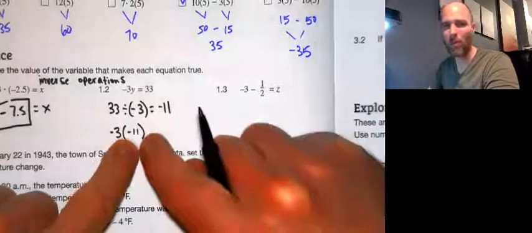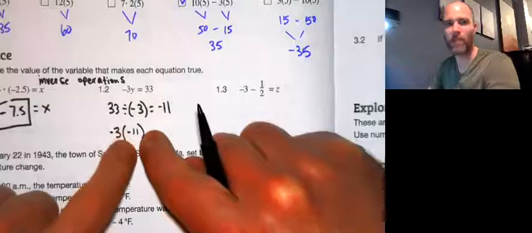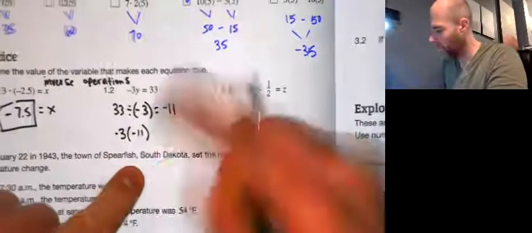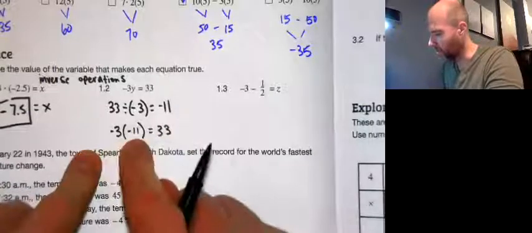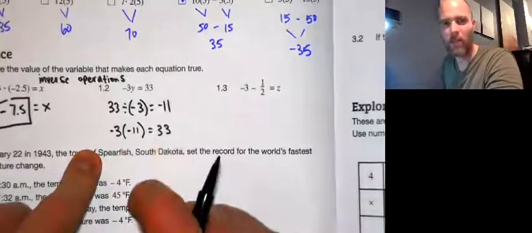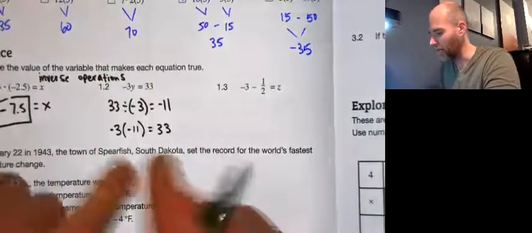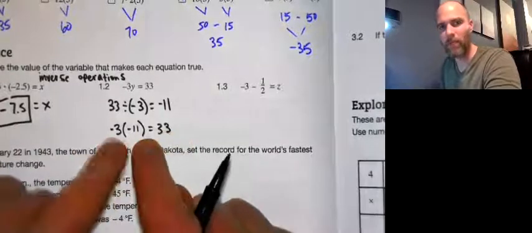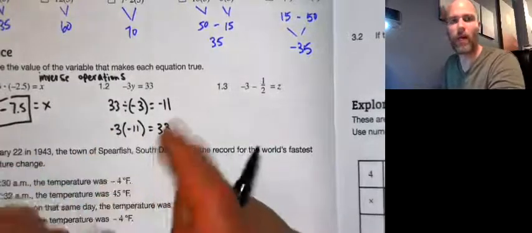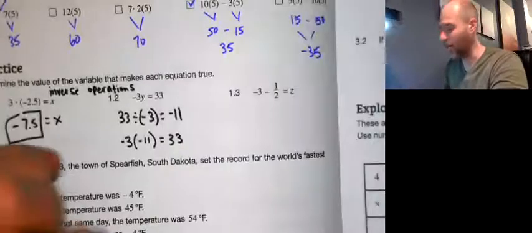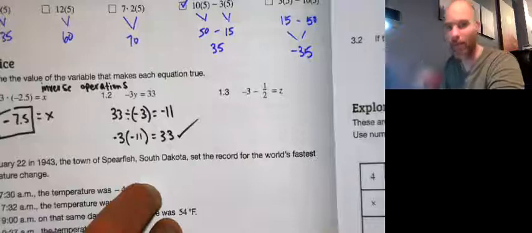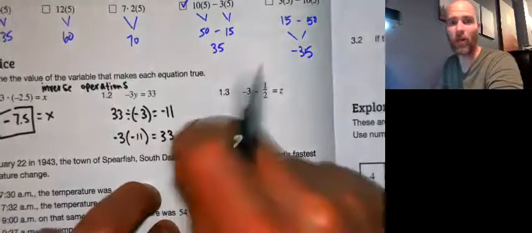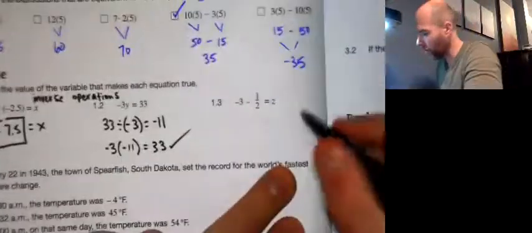But once I put that number in there, I need the parentheses to say that I'm multiplying. -3 times -11 equals +33. That's a true equation. Negative times negative is positive, and 3 times 11 is 33. So our solution is therefore verified. It worked. Lots of times you'll see people put a check mark next to it after they've verified their solution. We're going to be doing a lot more of this in the next unit.